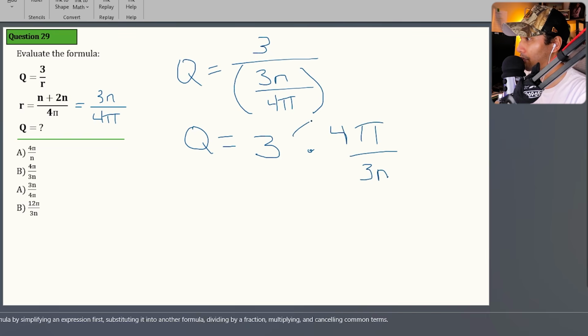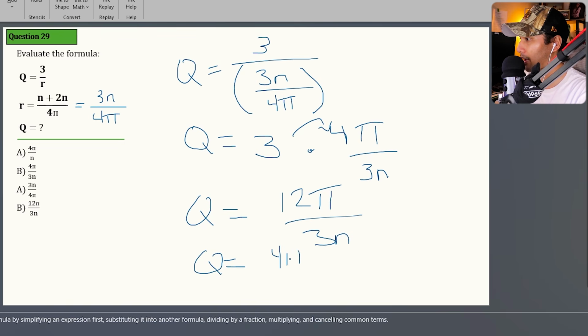And then we're going to go 3 times 4, which is Q equals 12. And then carry that pi over 3n. And we can go a step further and simplify to 4 pi over n, because 12 divided by 3 is 4. And that is answer choice A.